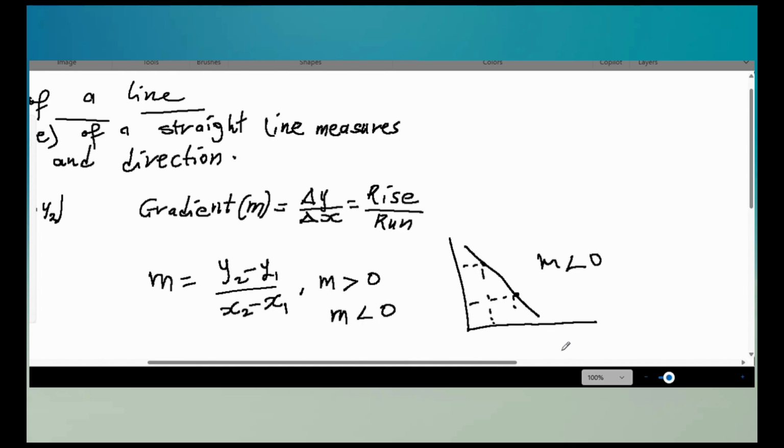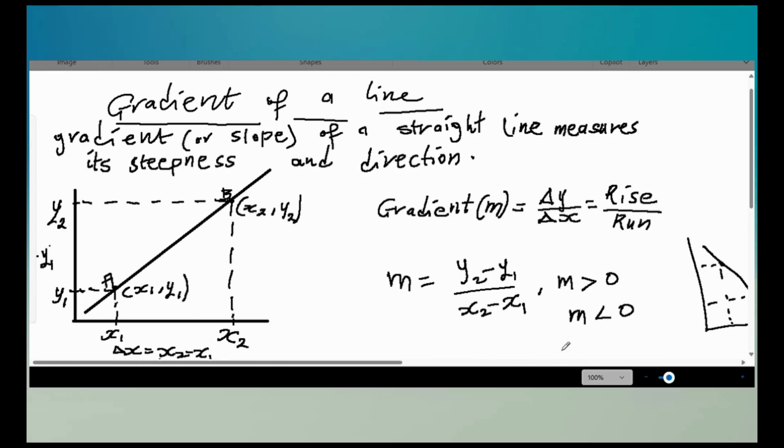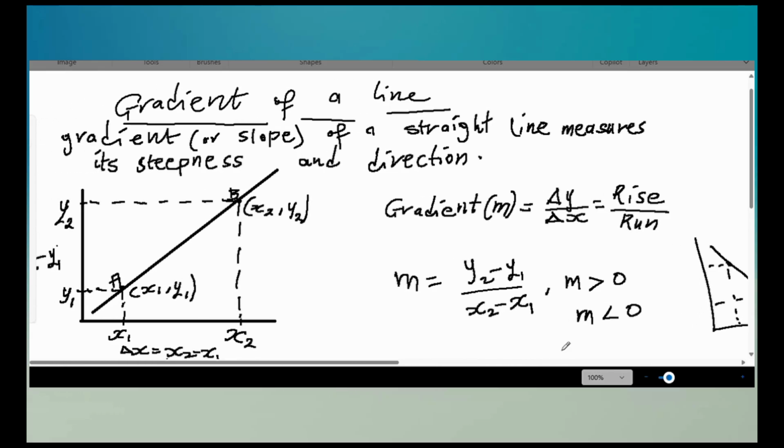But for now, what we have to take note of is that given any line, we just need 2 points in order to find its gradient, and the formula for finding that is m is equal to y2 minus y1 all over x2 minus x1. So we found the gradient of a line that is sloped.